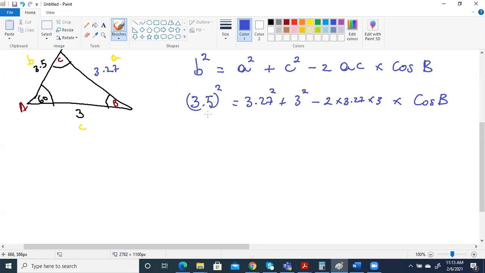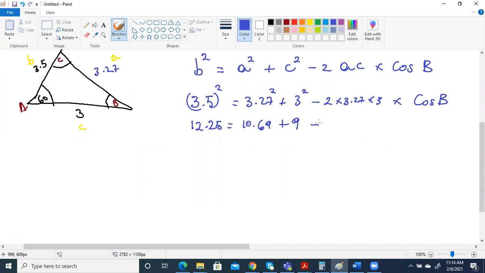Calculator work. What's 3.5 squared? 12.25. 12.25, yes. 3.27 squared? 10.69. 10.69, yes, plus 9, minus.